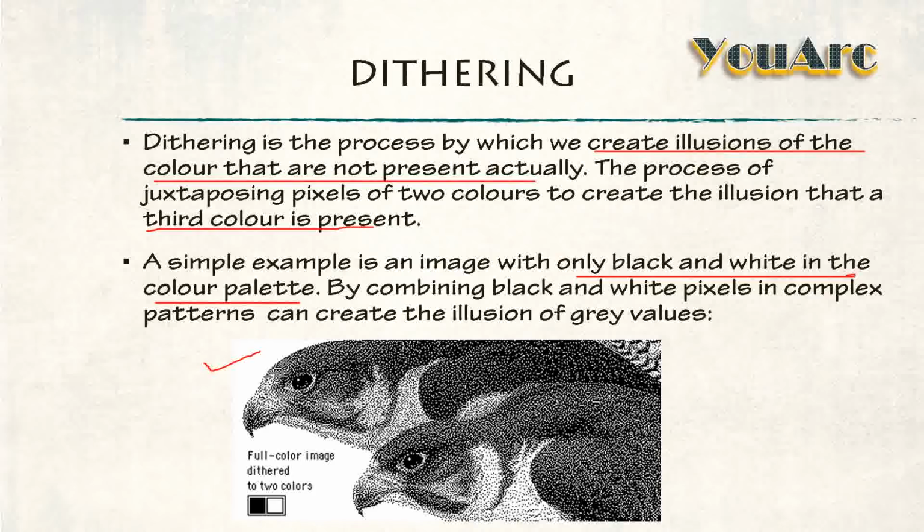By combining black and white pixels in a complex pattern, juxtaposing pixels of two colors in some pattern, they have created an illusion of gray color or gray values. So we can see a gray value here, but it is not really existing. It is our illusion. There are only two colors here. The third color is created by this dithering illusion.